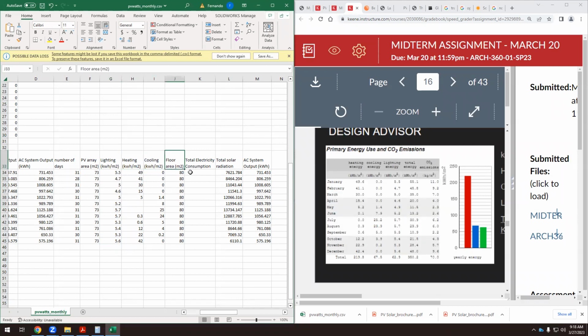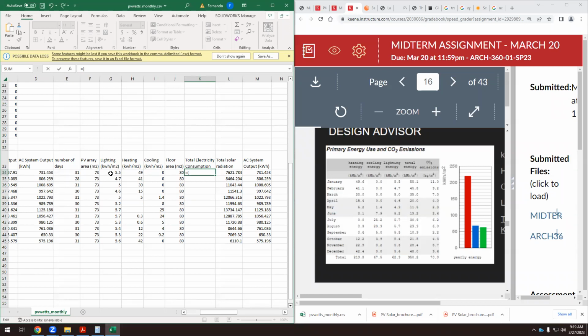So what's the total energy consumption? I have to create a formula here. So that equals parentheses. So I have to add everything up. Here I'm adding up the lighting, the heating, and cooling because everything is electricity. So we have kilowatt hours. So I have this plus this plus this times 80 because we have 80 square meters.